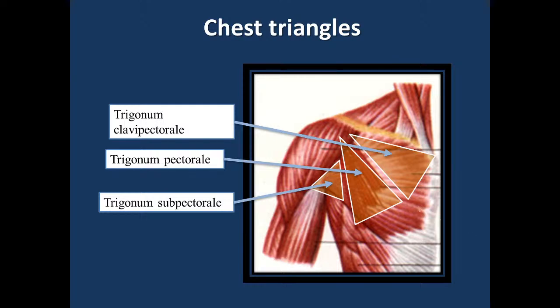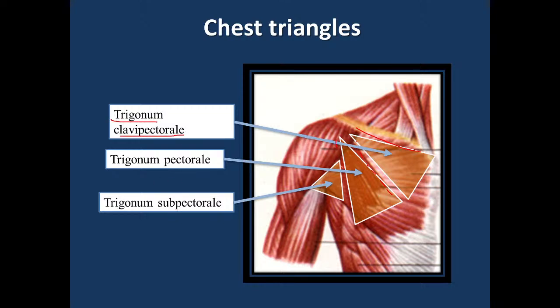There are 3 triangles in the pectoral region, or we call them chest triangles. Between clavicula and the superior border of the pectoral minor muscle is the trigonum clavipectorale in Latin.